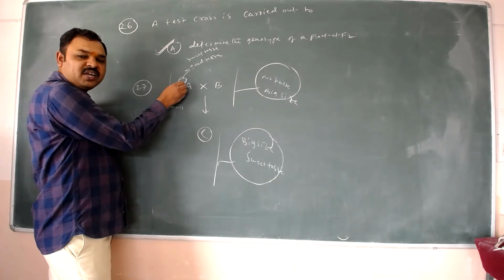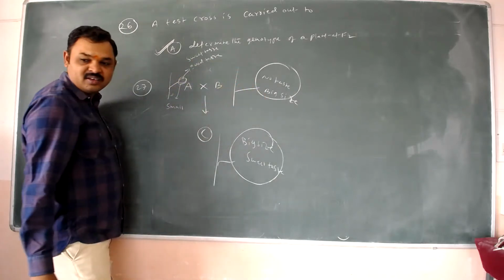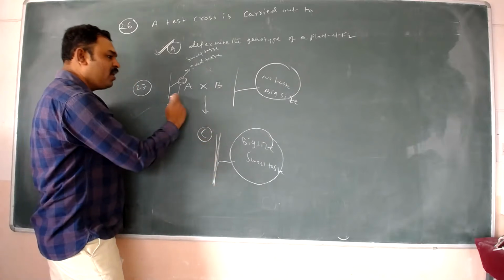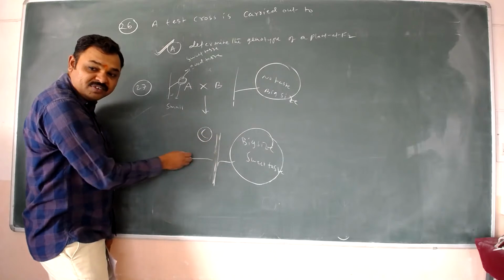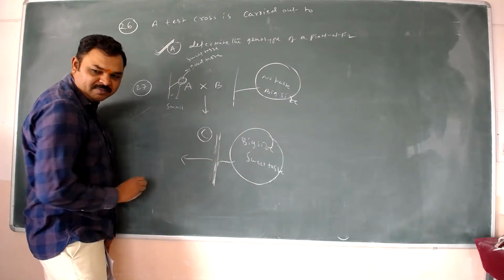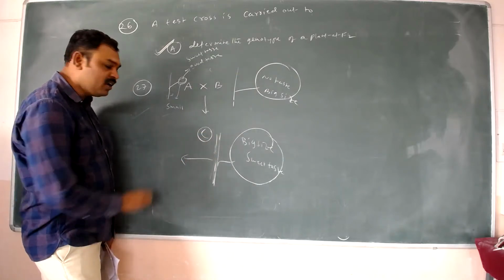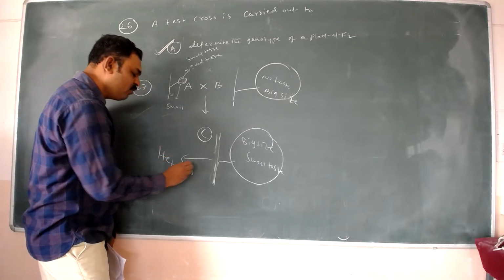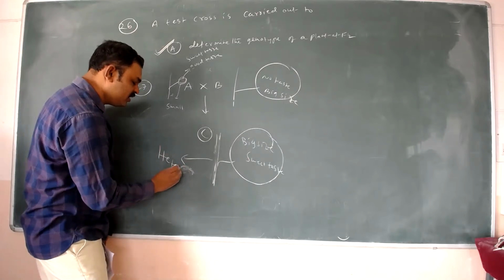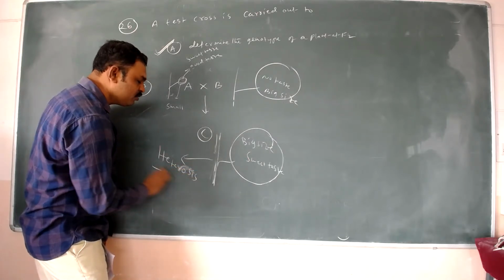If on crossing these two parents both characters are seen in the offspring, it is called hybrid vigor, which is also called heterosis. So this question is about heterosis.